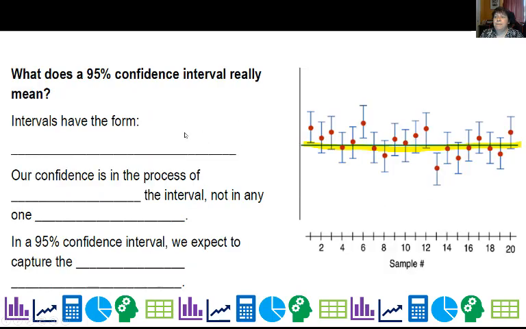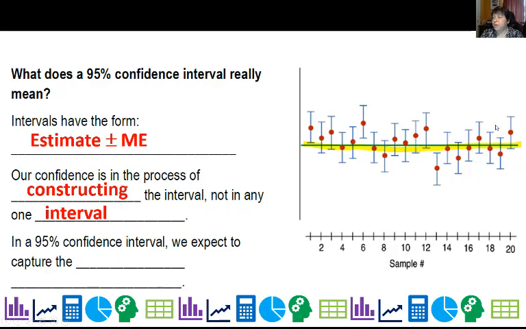So what does a 95% confidence interval really mean? First of all, intervals have the form your estimate, often called the mean in this case, your point estimate, plus or minus your margin of error. All right, so that's the form. Our confidence is in the process of constructing the interval, not in any one interval. So here are a bunch of confidence intervals for different samples.